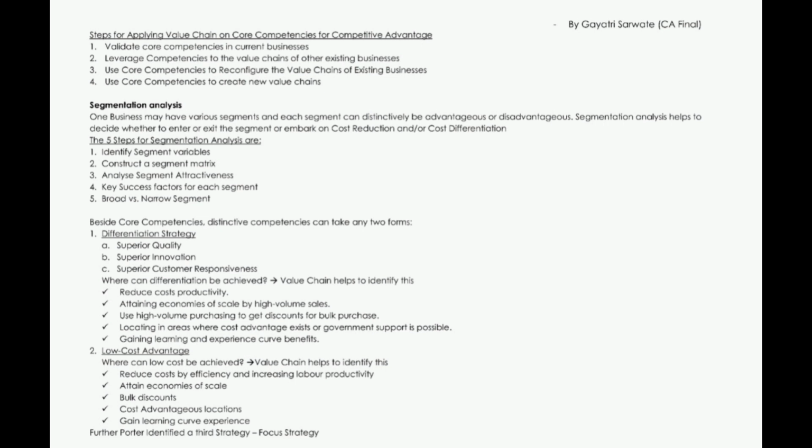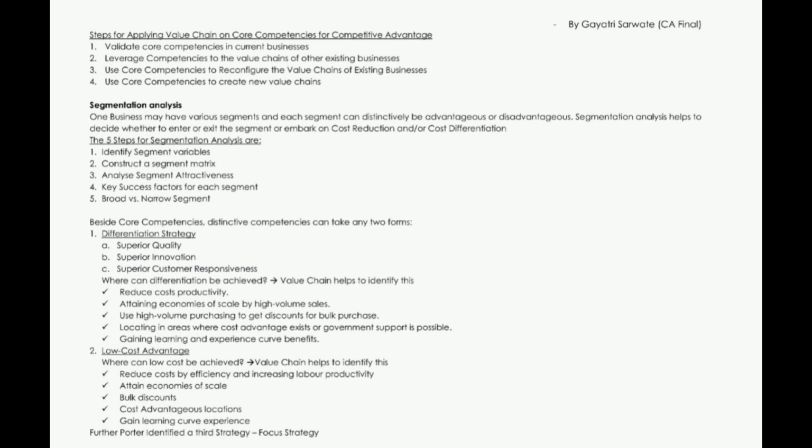When we talk about where we can achieve low cost, in that case, we can reduce the costs by efficiency, like rather than creating your own designs and putting a lot of effort into that, we can just use an already existing structure.